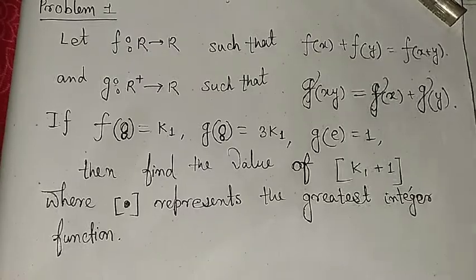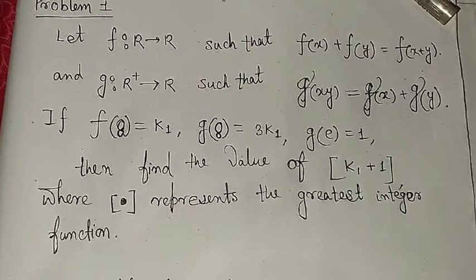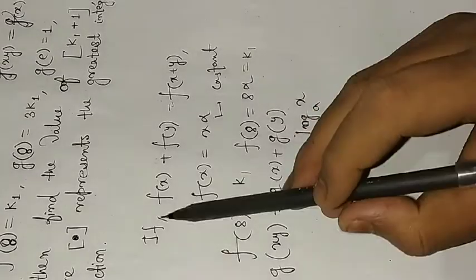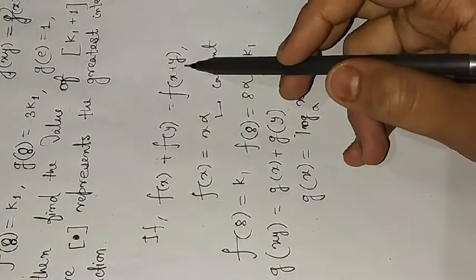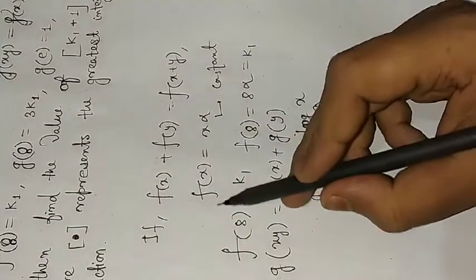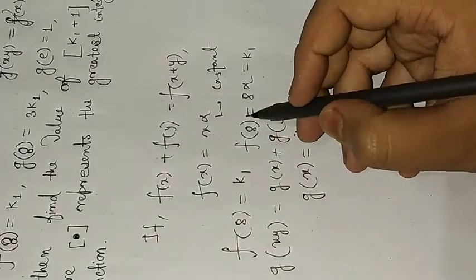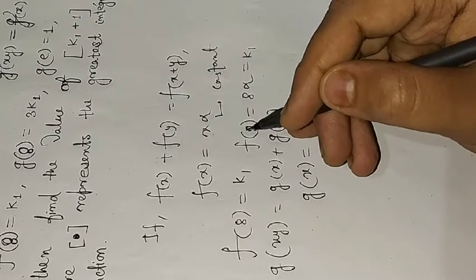Now we are going to solve this by some concepts of functional equations. Let's discuss some concepts first. If f(x) + f(y) = f(x + y), then I can write f(x) = xα, where α is a constant. We can write this by the property of a linear function.